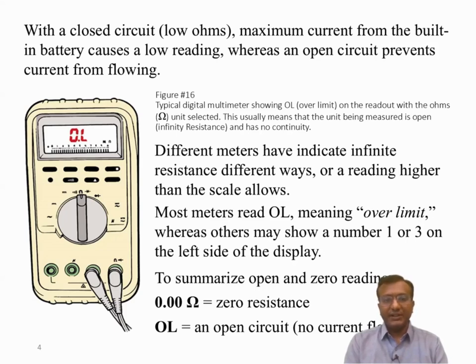For instance, if you test a wire and get 0 ohm, it indicates it's intact. If it shows OL, there is a break somewhere and the current will not get a complete path to flow.